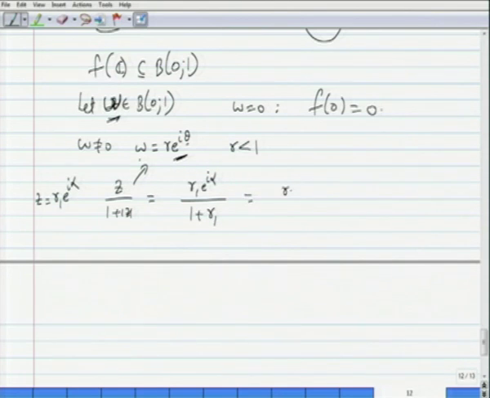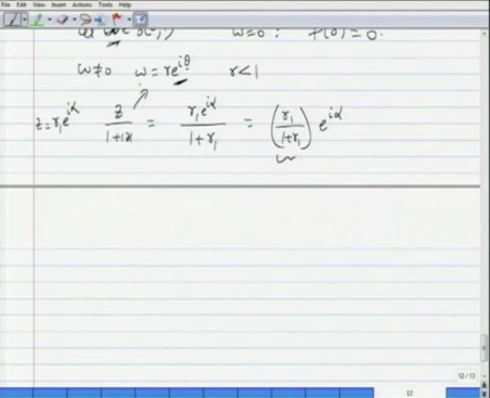So, this can be written as r_1/(1+r_1) times e^{iα}. So, definitely you can find a number α. So, you find a z such that θ belongs to the argument of z, that is easy. There are many points to pick from.